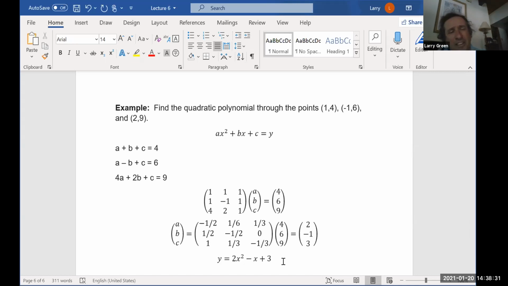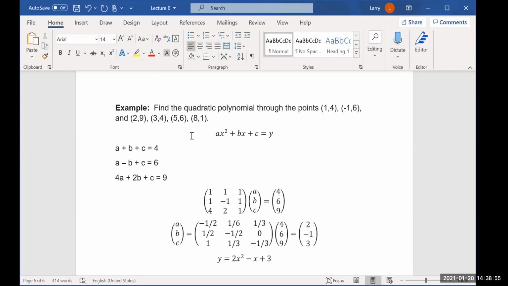Okay, by the way, just a note: what if I added a 4th point? And actually, let's add some more points. I'll just throw some more points in. What would happen?